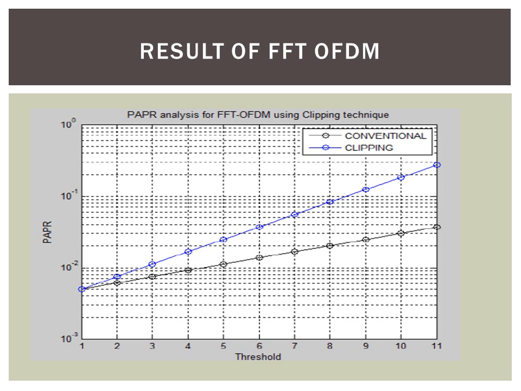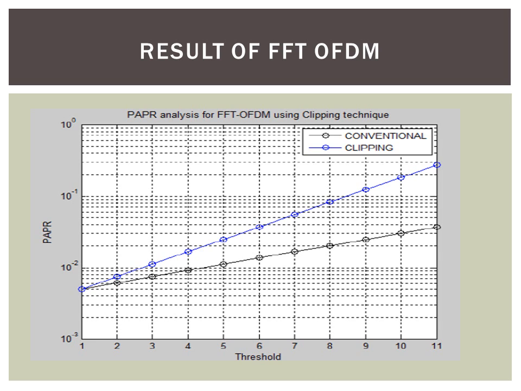Conventional is nothing but the normal OFDM system, and the blue line indicates the result after clipping at the threshold value. As we increase the threshold value from 1 to 11, the value of PAPR increases. This indicates that clipping plays a very important role and provides a much lower power value.